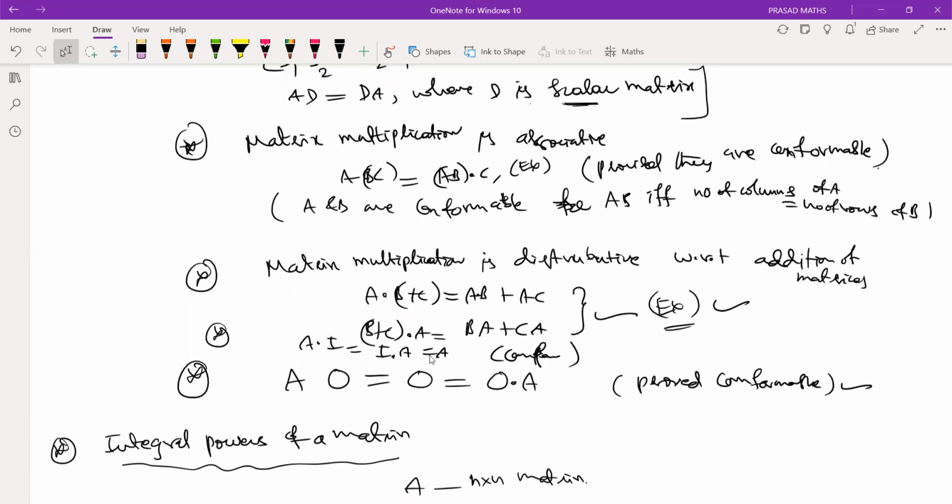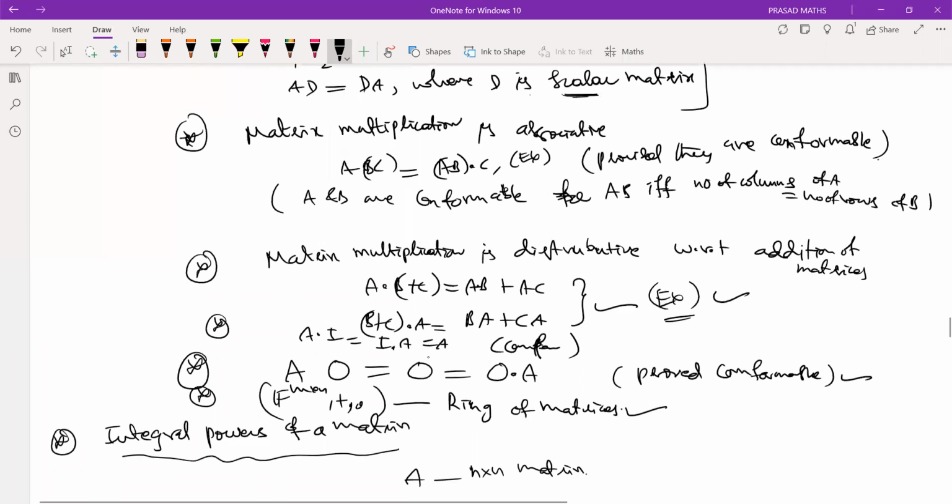So the set of all matrices with respect to addition and matrix multiplication is a ring of matrices. It is an abelian group, it satisfies closure with respect to addition, matrix multiplication is associative and distributive, and it satisfies the identity property. Therefore it is a ring.